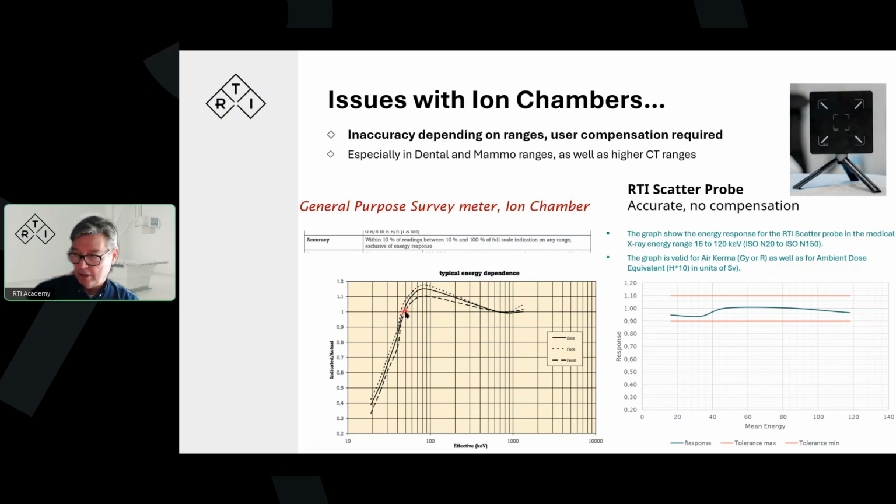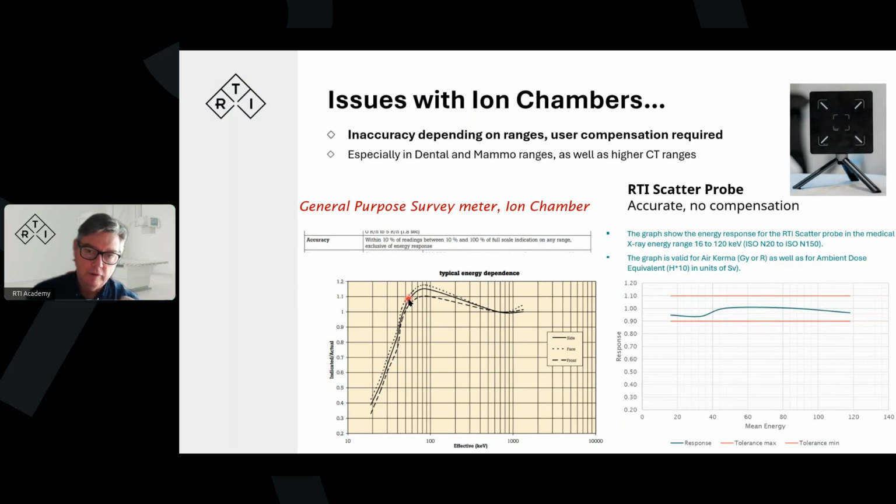Only up here, typically around 60 something, is the true reading correct that we're reading from an ion chamber based one.